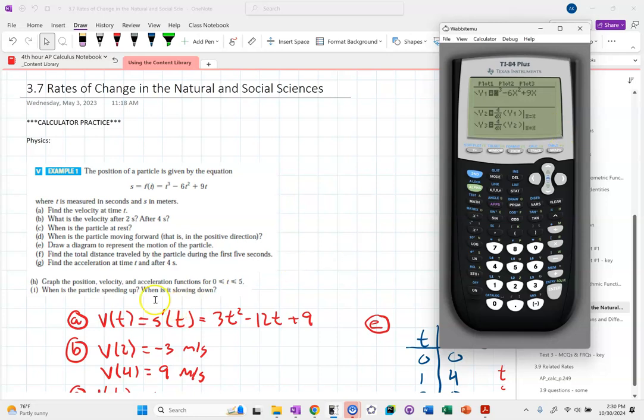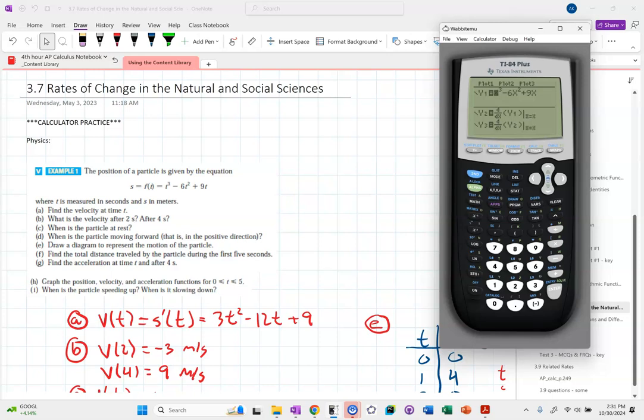All right. When is the particle speeding up? When is it slowing down? Okay. This is hard because what 2 things do we have to compare at the same time? You have to look at velocity and acceleration. You need to look at both of them to know whether it's speeding up or slowing down.